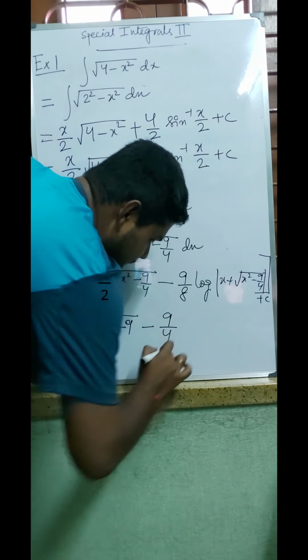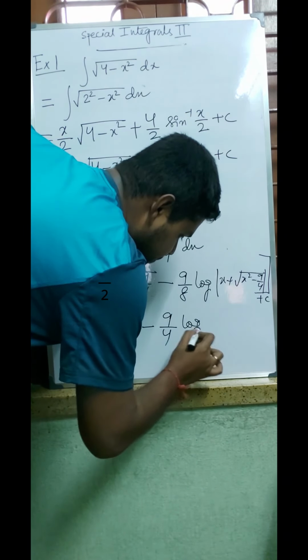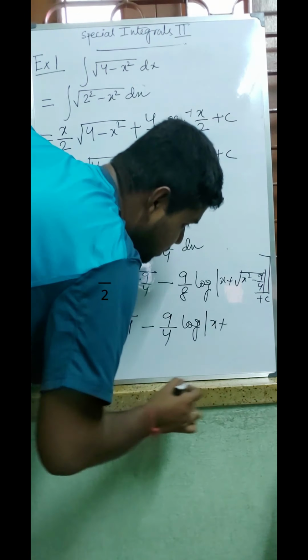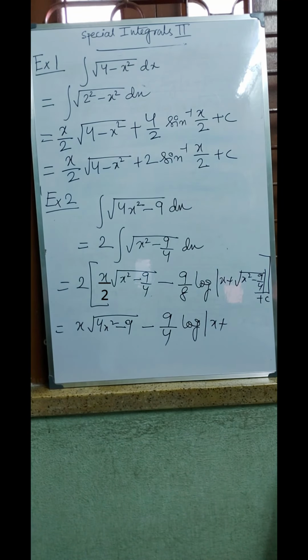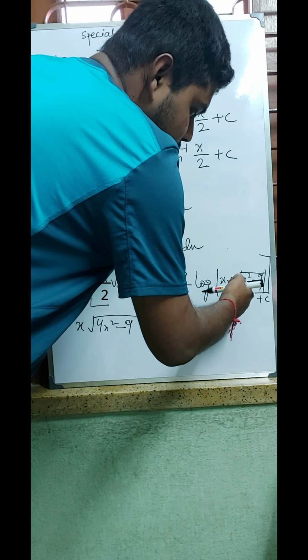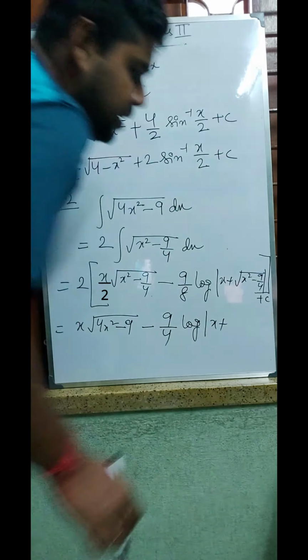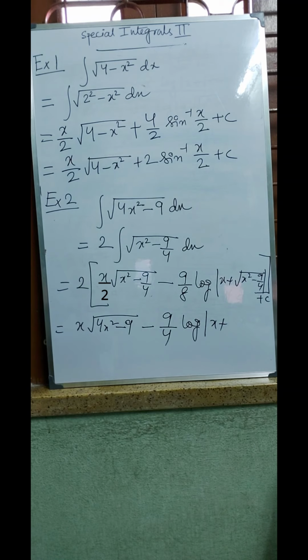Minus this becomes 9 by 4 log of mod of x plus root of, now not x, if you see this 4 comes up here, so this will be 4x square and the whole thing will be divided by 4, and the 4 which is inside will come out as by 2.